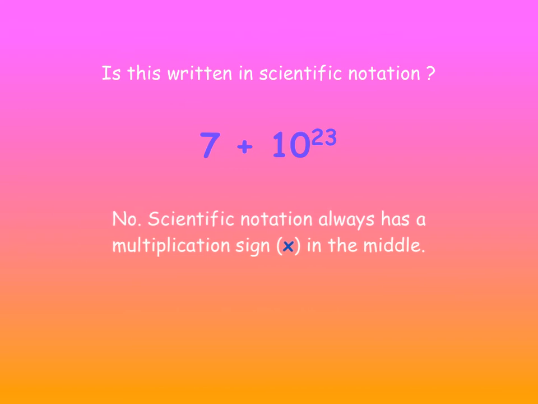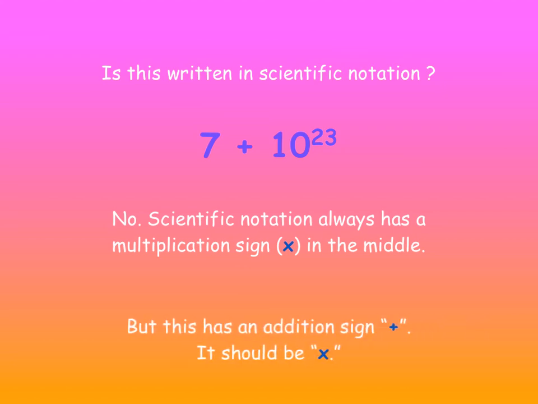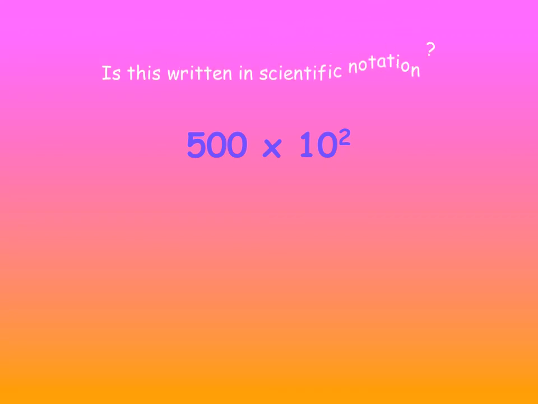Here's another trial. Is this one written in scientific notation? 7 plus 10 to the 23rd power. Well, no, because scientific notation always has a multiplication sign in the middle. But this has an addition sign, and it should be a multiplication sign, an x. Try this one. 500 times 10 to the 2nd power.